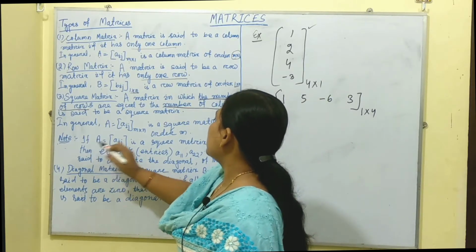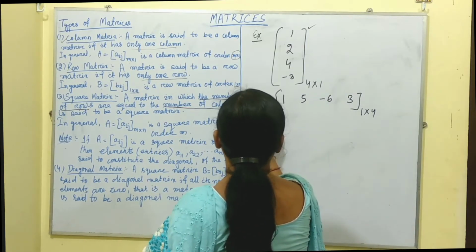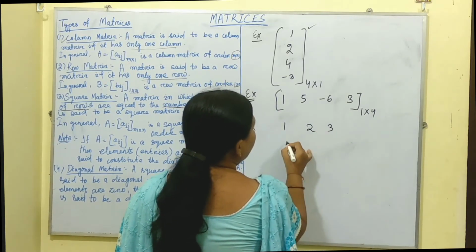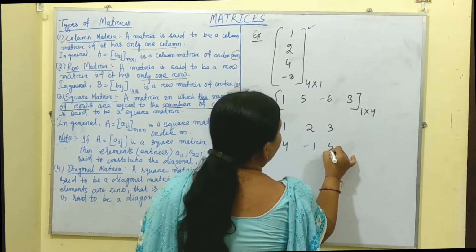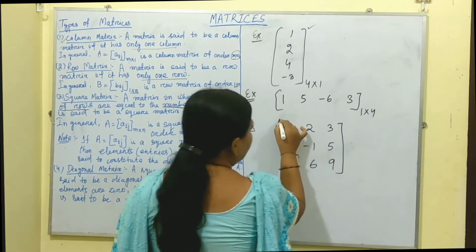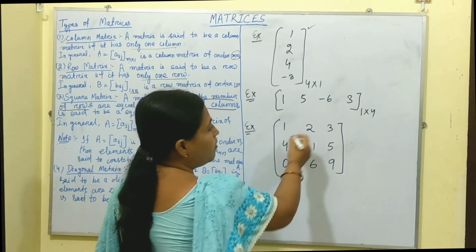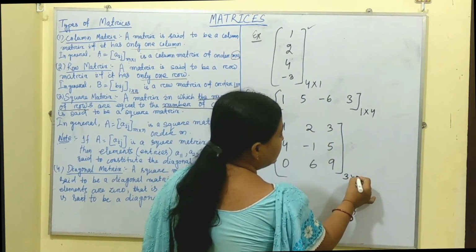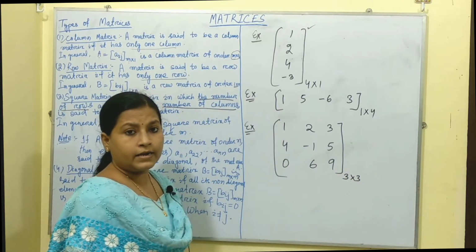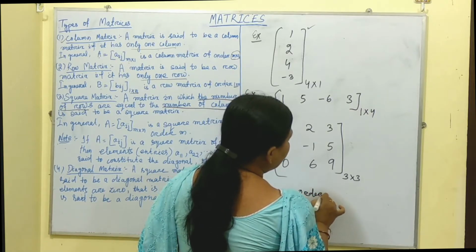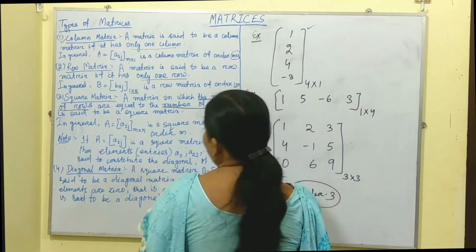Okay. So for example, 1, 2, 3, 4, minus 1, 5, 0, 6, 9. This is a matrix. Number of rows here 3, number of columns is 3. So this is a 3 by 3 matrix, and it is also order 3 matrix.